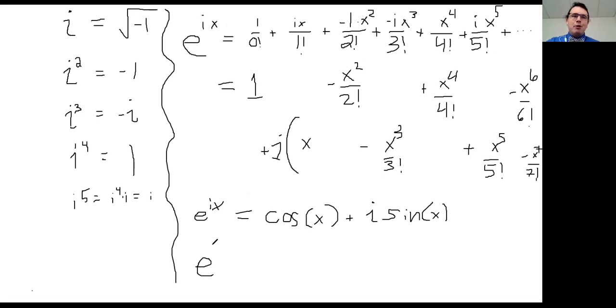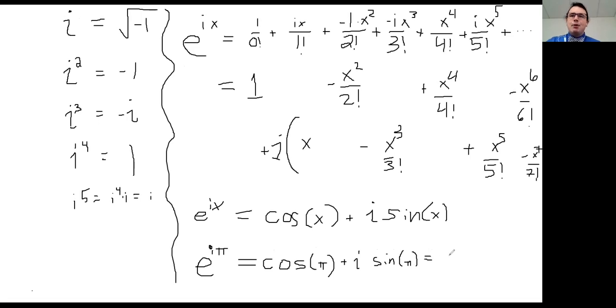But if you feel comfortable taking e to the power i times pi, which is an imaginary number because it involves the square root of -1, this should be equal to cosine of the number pi plus i times the sine of pi. And actually, I know what both of those numbers are going to be.